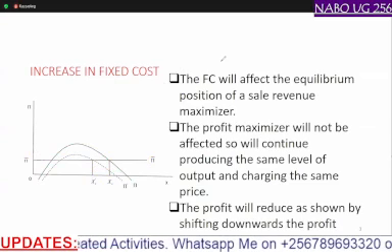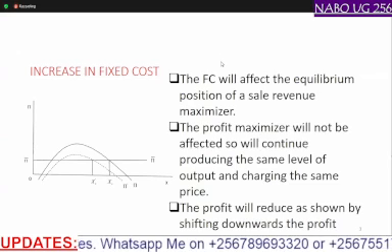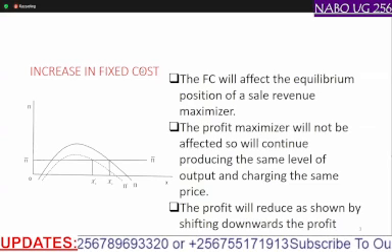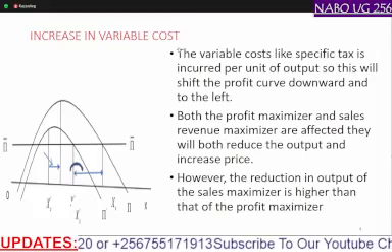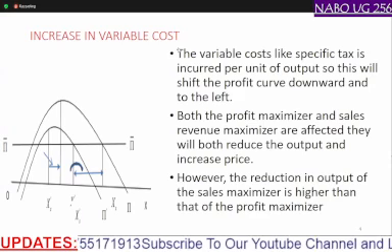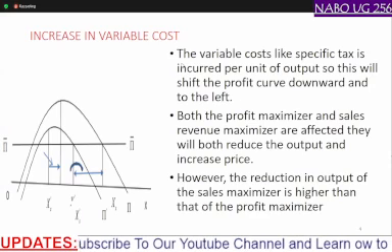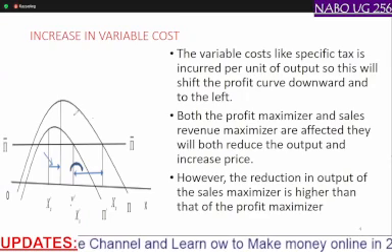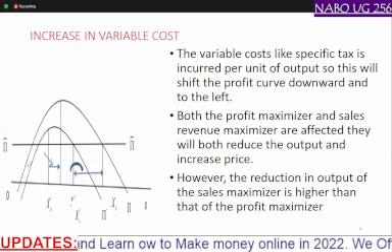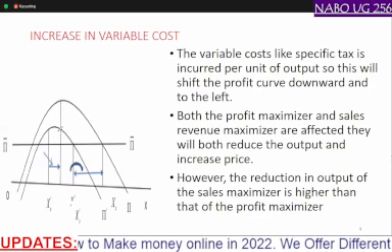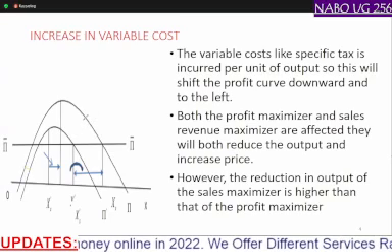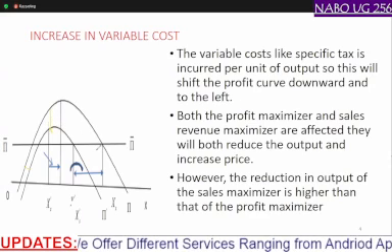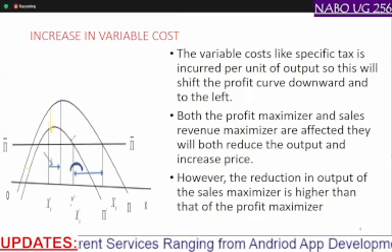Now, when you come to the variable cost, we see two things. When the variable cost increases, because the cost depends on output level, this curve will shift inward, and also to the left.